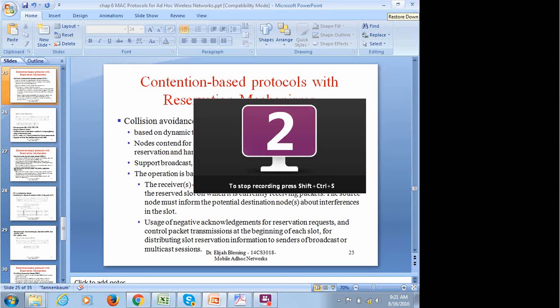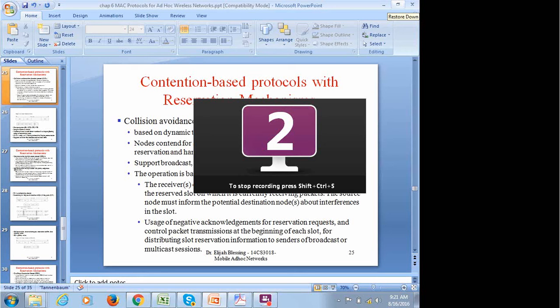So that means if any node, a sender, wants to send any packet, it has to first reserve a slot for itself. Am I right? And that reservation takes place in the CMS1, which is a slot reservation. And before it reserves, it will look for whether the slot is free or idle.